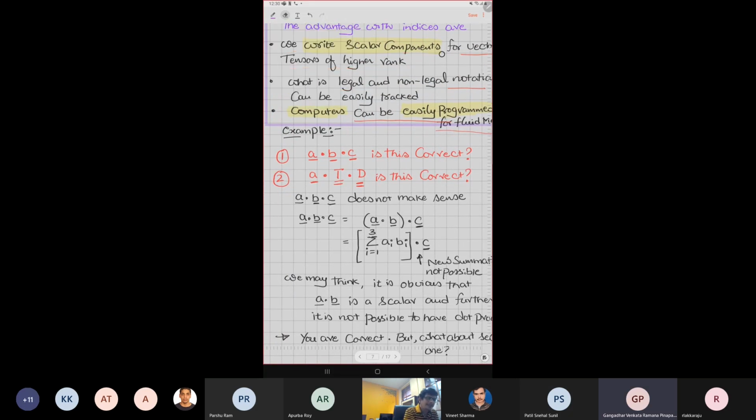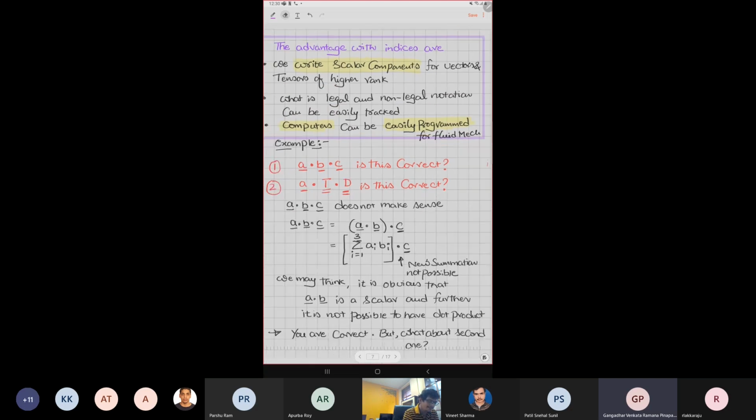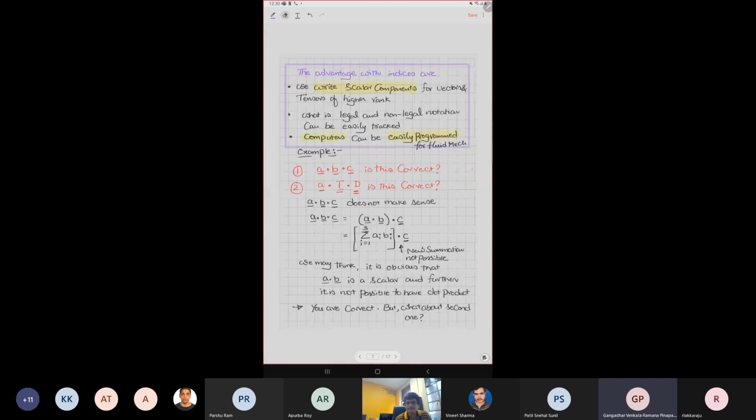Fine. Let us begin with that. Someone was saying something. Sir, can't we use the definition of cross product, A cross B equals mod A mod B sin theta? Definitely, but how easy is it to teach a computer if I am going to increase the number of components from 3 to 4 to 5 to 6 to 7 to 8 and so on?